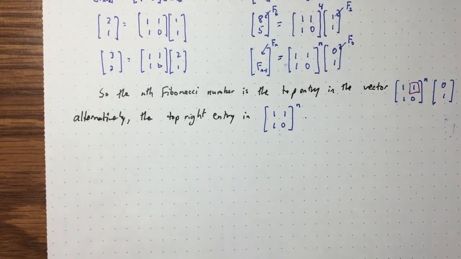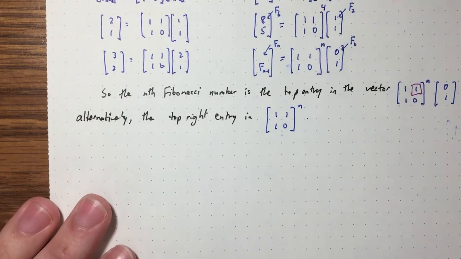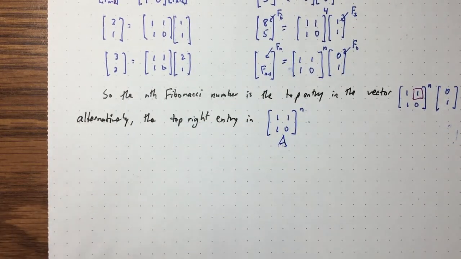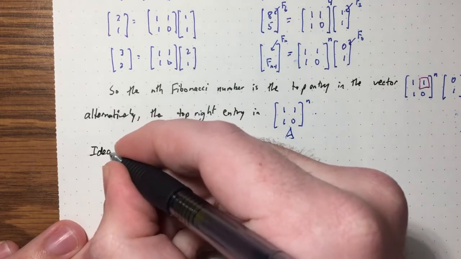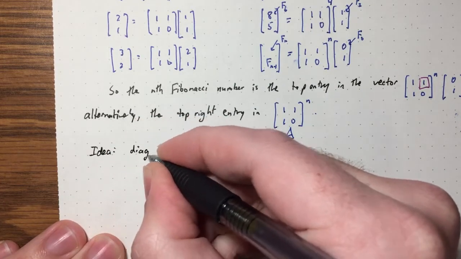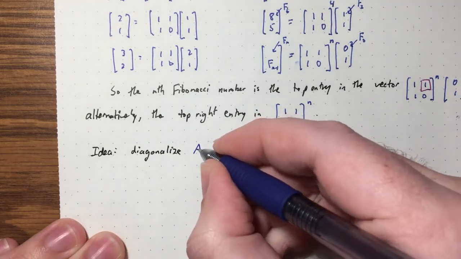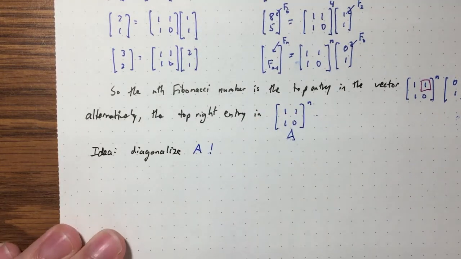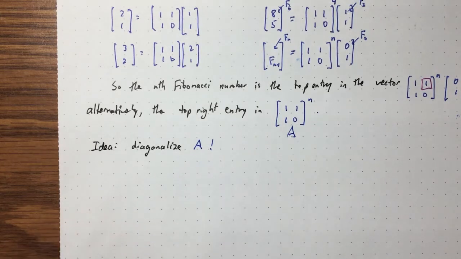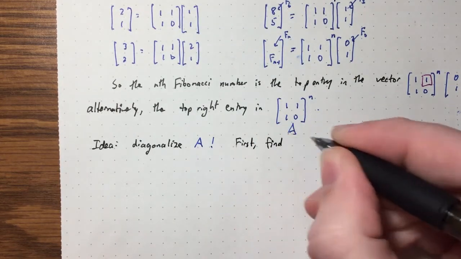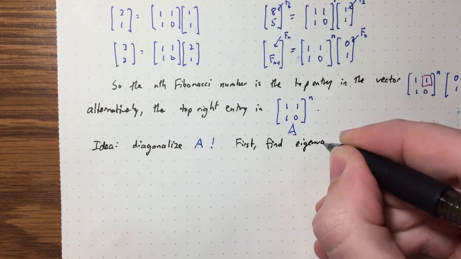Okay, what's the idea? We're going to diagonalize this matrix. So let's call this A. Not A factorial, but let's diagonalize A. And again, first, we're going to find the eigenvalues and eigenvectors.